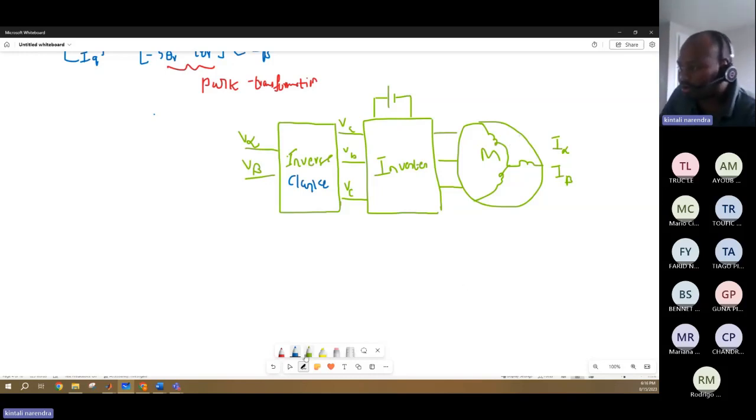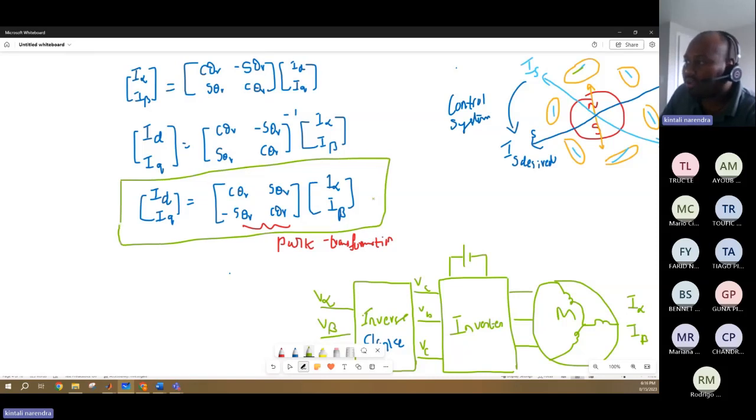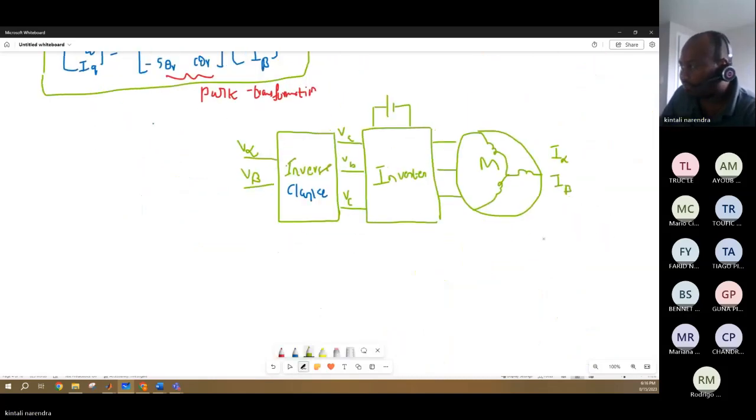To get the maximum torque, we need to apply this mathematics, this logic, to our motor. For that, we know I alpha and I beta from IA, IB and IC, and we also need to know theta R. To find theta R, they have an encoder in the rotor, inside the motor, to determine the position of your rotor.